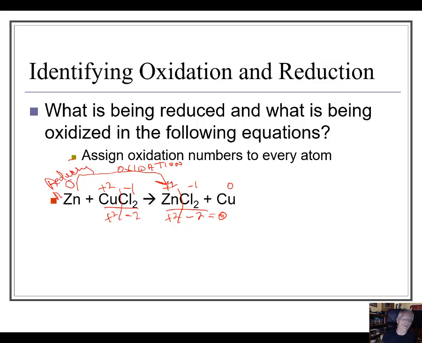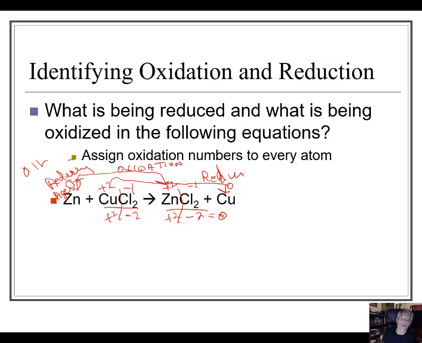So zinc winds up being the reducing agent because it's going from a lower oxidation state to a higher oxidation state. OIL, as in oxidation is losing. Copper is going from a 2 plus to 0. It's being reduced.